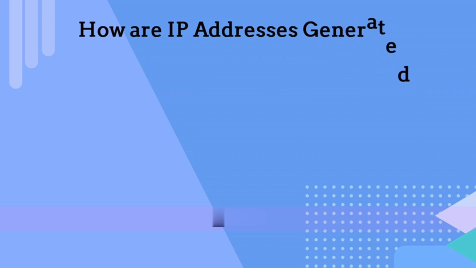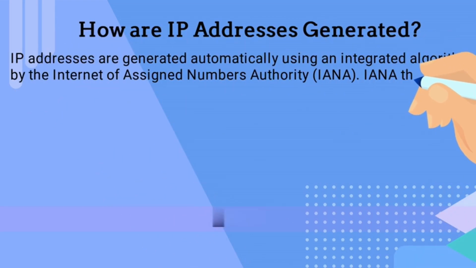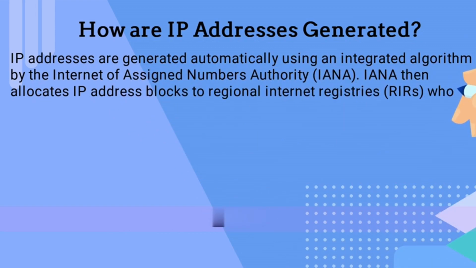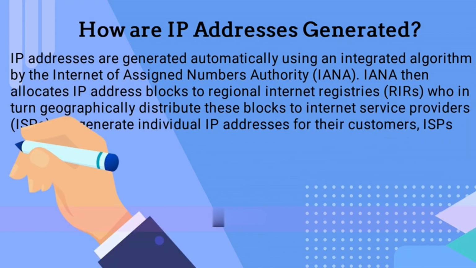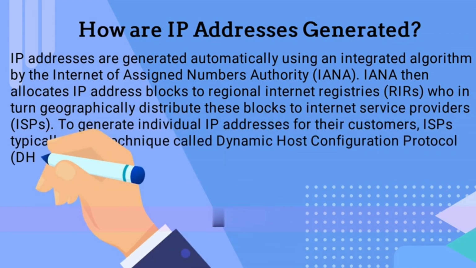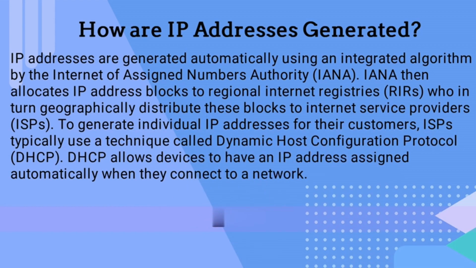How are IP addresses generated? IP addresses are generated automatically using an integrated algorithm by the Internet Assigned Numbers Authority, IANA. IANA then allocates IP address blocks to regional Internet registries, RIRs, who in turn geographically distribute these blocks to Internet Service Providers, ISPs, to generate individual IP addresses for their customers.